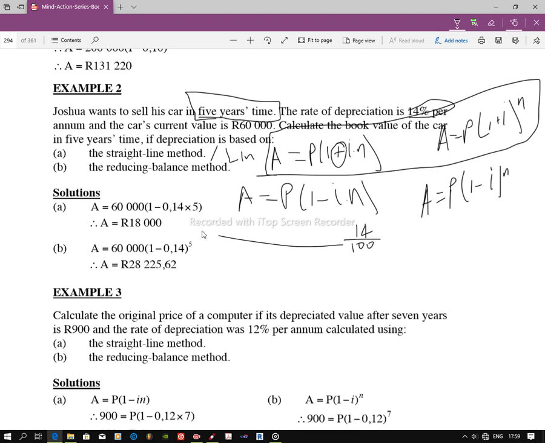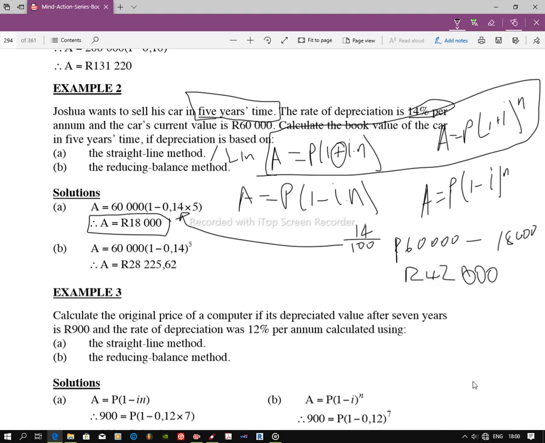The n is the number of years, which is 5 years. You just punch it on your calculator and you get 18,000. This is the depreciation of the car in 5 years. So let's see how much the car depreciated: 60,000 minus 18,000.